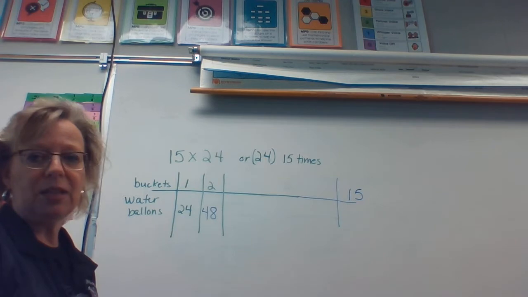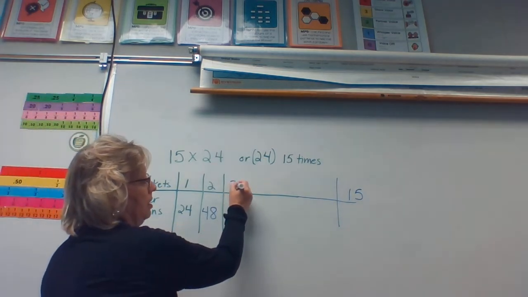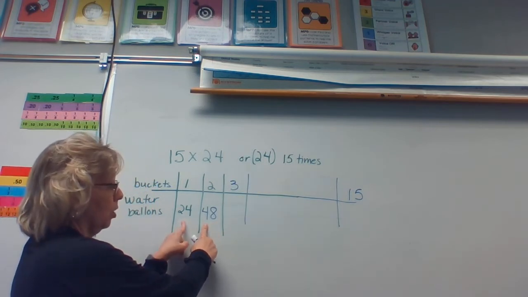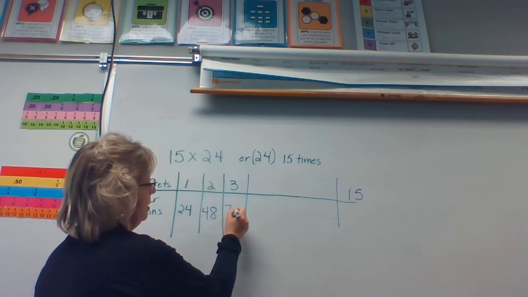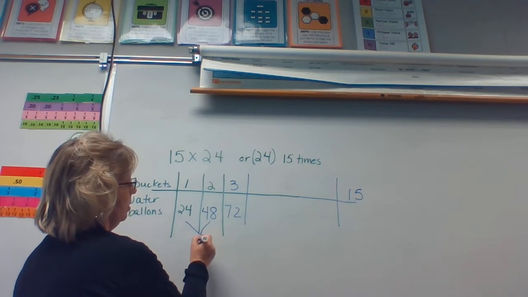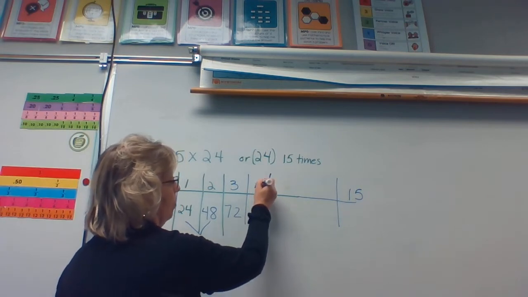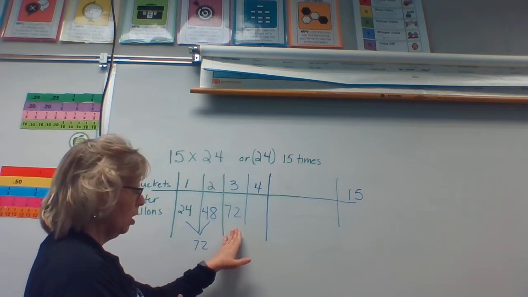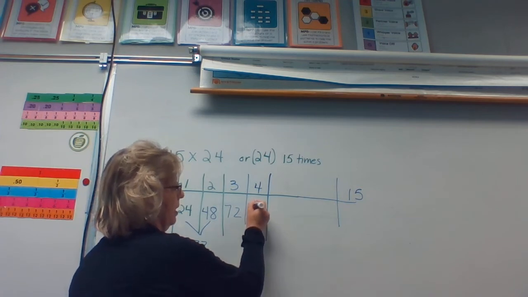I was going to put that number at the end so I know where to stop. Okay, if she does 3 buckets, I could figure out, okay, 48 plus 24 more for a total of 72. 24 plus 48 is 72. If she has 4 buckets, it's going to be 24 more, or 72 plus 24 for a total of 96.